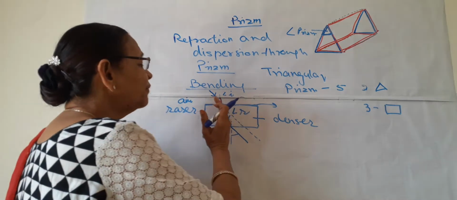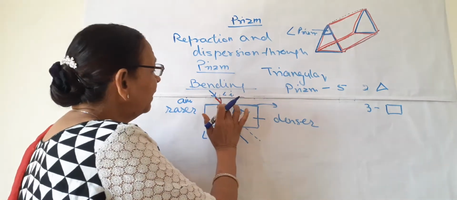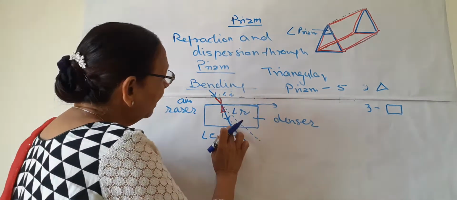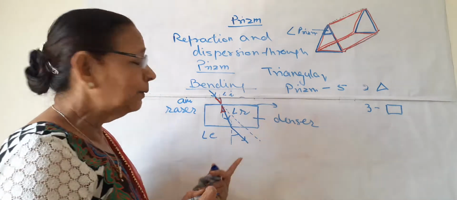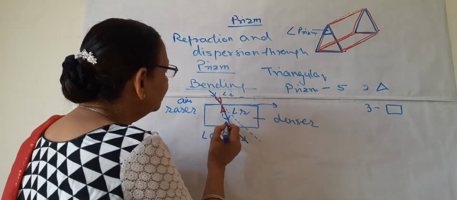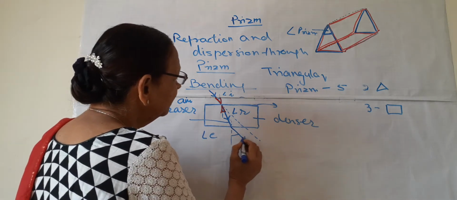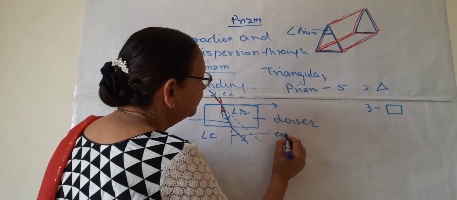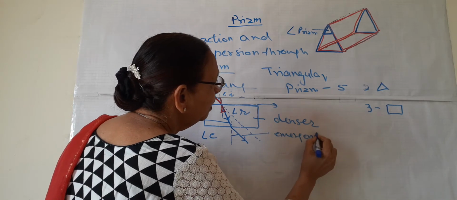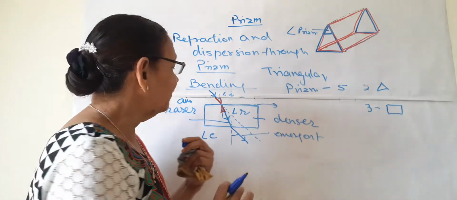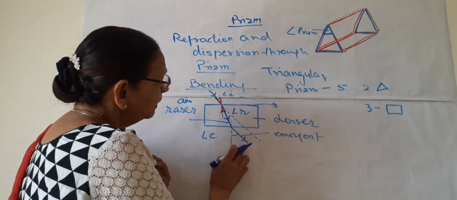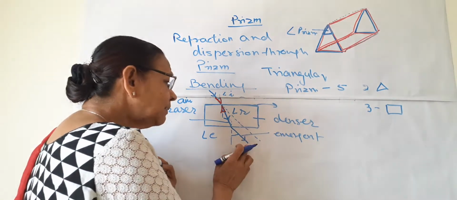First it shifts towards the normal at this interface, and as it comes out, this ray is known as the refracted ray. This ray is known as the emergent ray, and we have all learnt this when we did the glass slab refraction. So this is the emergent ray.